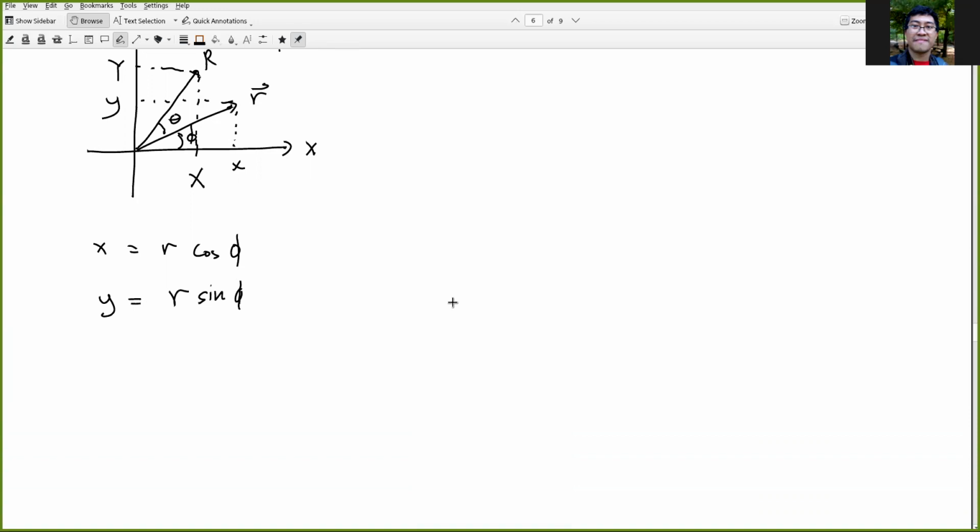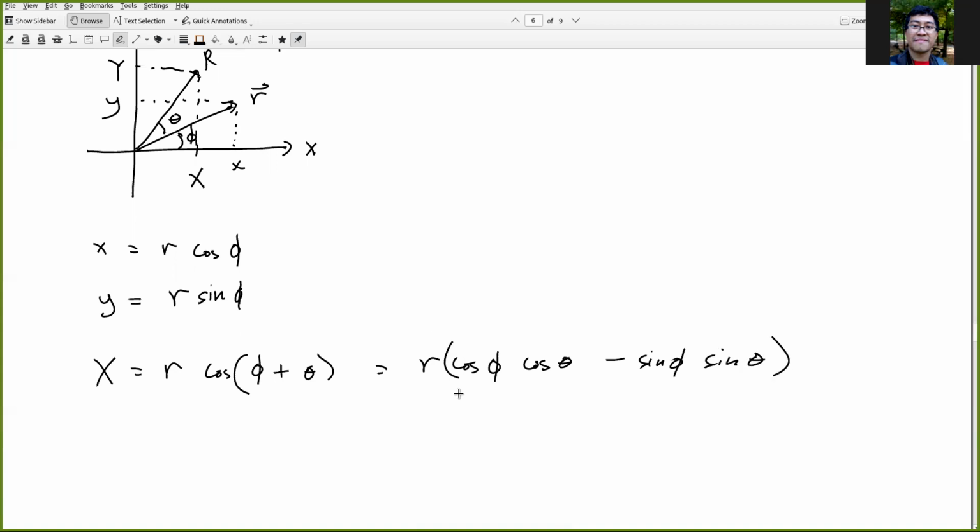Next let's try to solve for capital letter X. For capital X, the r vector and capital R vector have the same magnitude, so we can use r cosine of phi plus theta. So that's r cosine phi cosine theta minus sine phi sine theta.